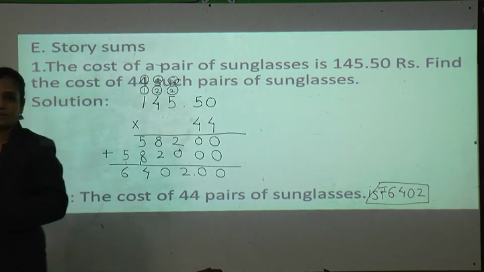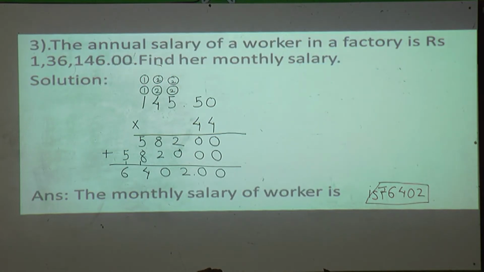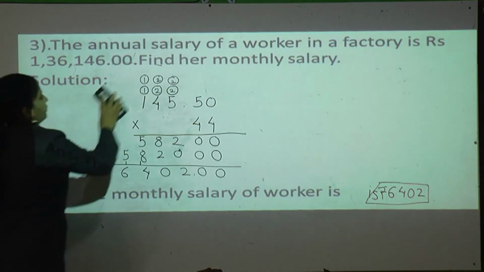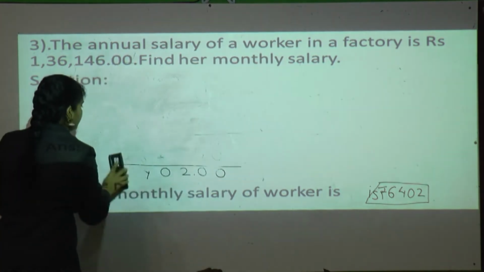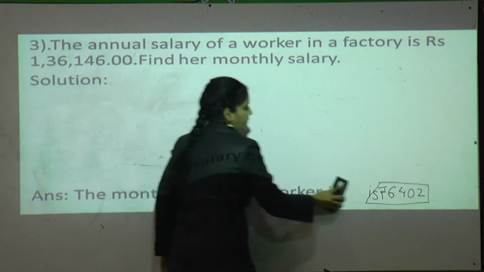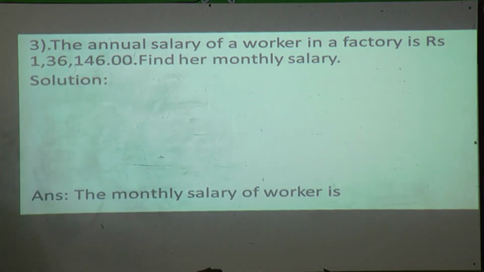So understood students? All of you understood? Okay. Now we will see our next example. Read the question. Here students, see, the annual salary of a worker in a factory is rupees 1,36,146.